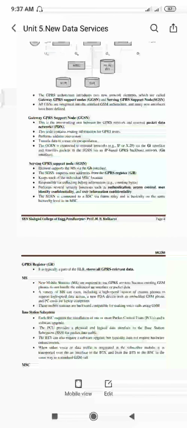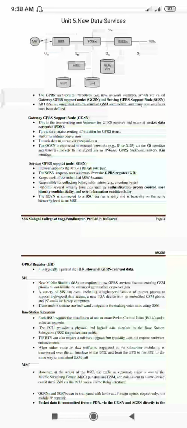In addition to this, the HLR consists of an additional new element called the GPRS register, which will not keep the information of all the GSM users, but will store the information of only the GPRS users and the relevant data related to that user.